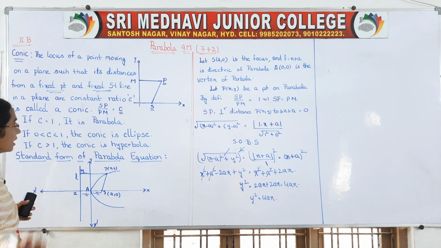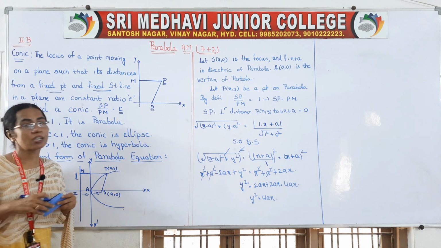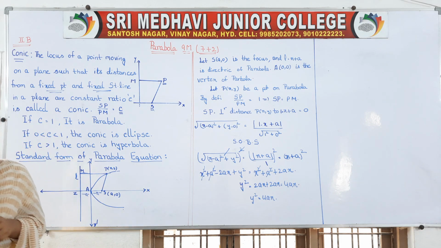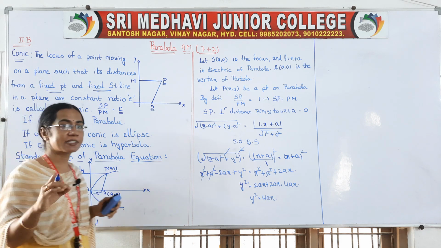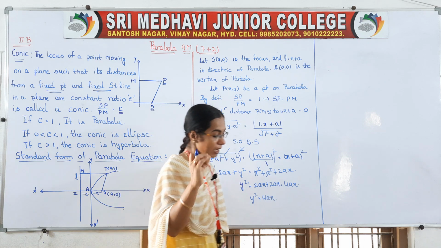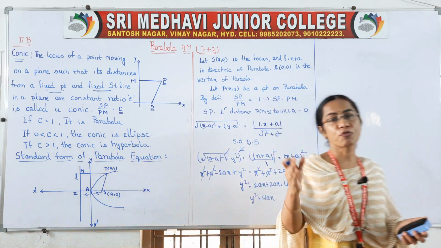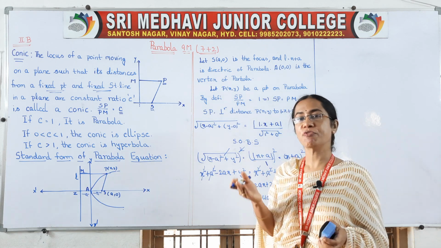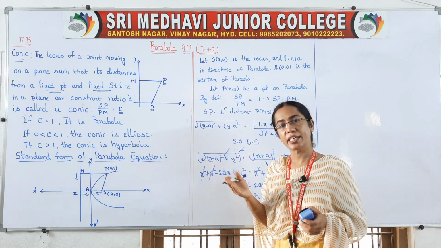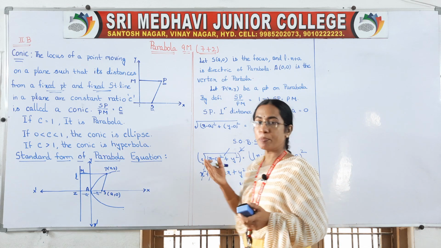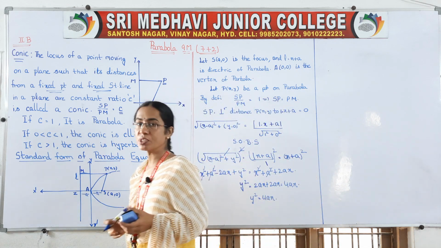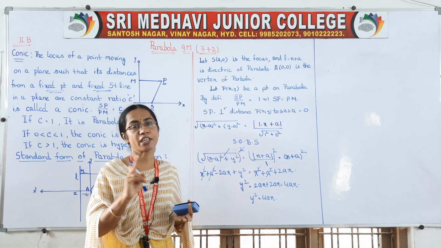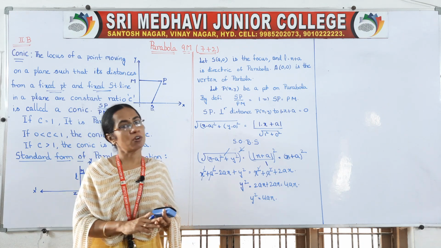Once again, listen carefully. Today we started the topic parabola. It is one part of conic section. Conic section means, section means cutting: if we cut the cone with different angles, we get different shapes. Mainly we have 3 shapes: parabola, ellipse and hyperbola.